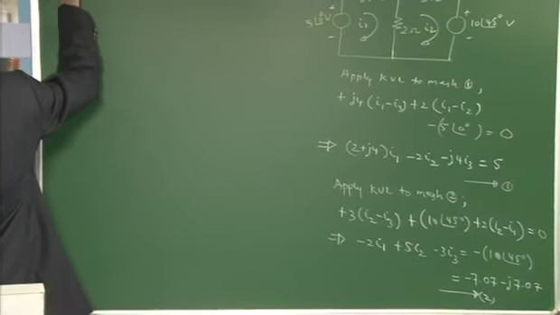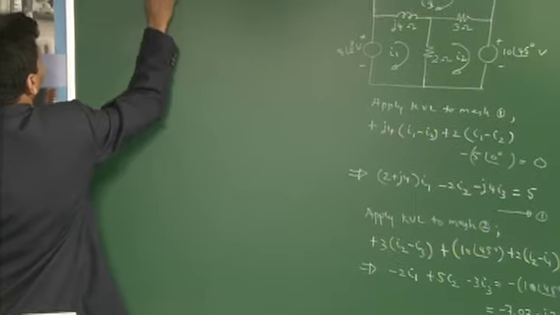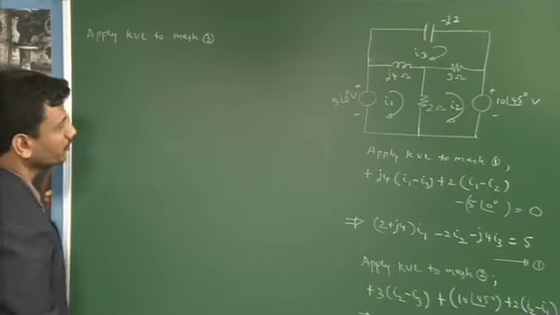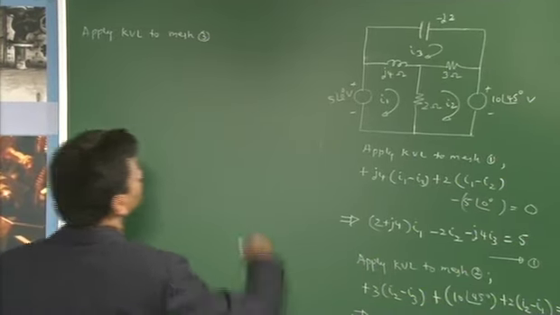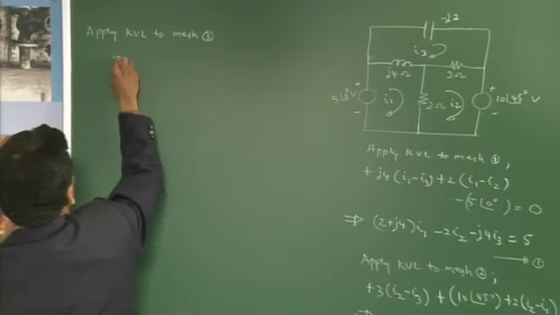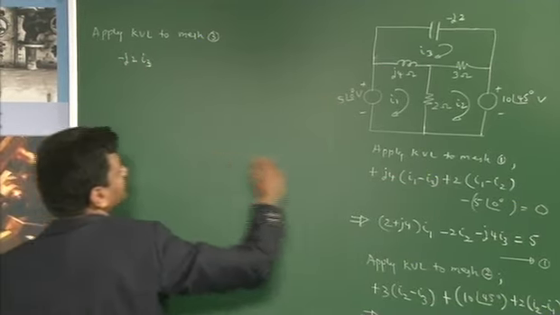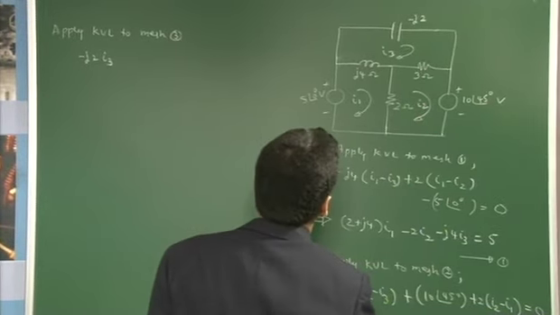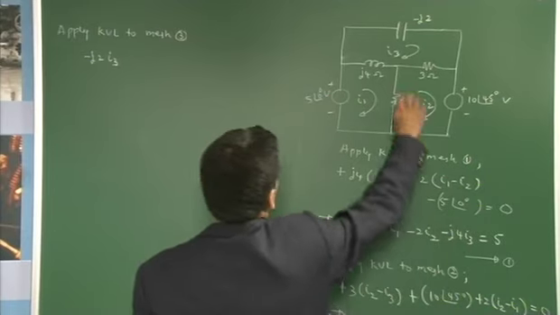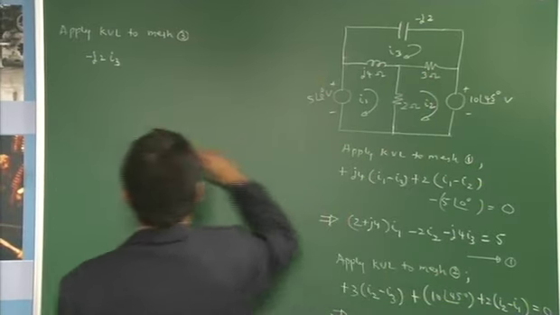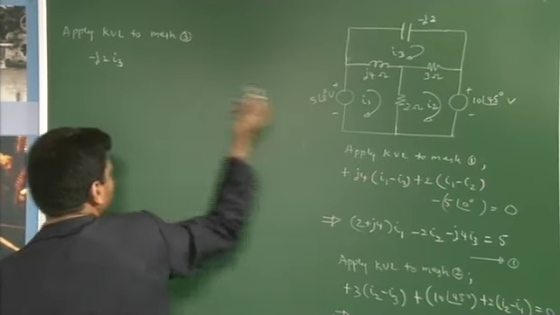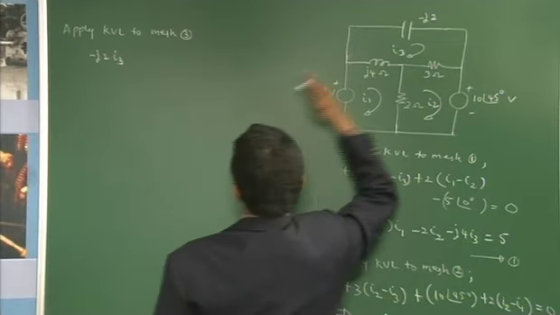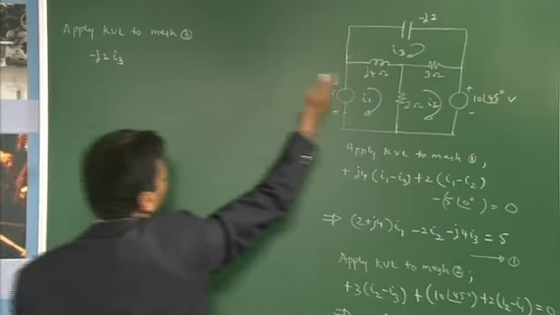Next, apply KVL to mesh 3. Let us start from here: minus J2 I3, for the simple reason that this is not shared with any of the meshes. So minus J2; as I have told, we are not writing this as plus. Had we written plus, plus into minus would again have been minus, that is all. So we write plus the passive circuit element impedance or resistance multiplied by the corresponding mesh current.